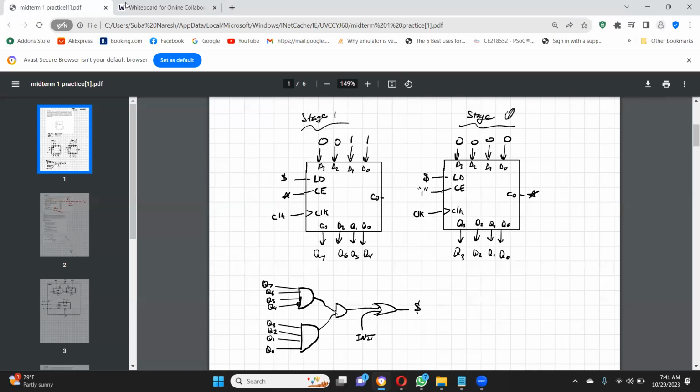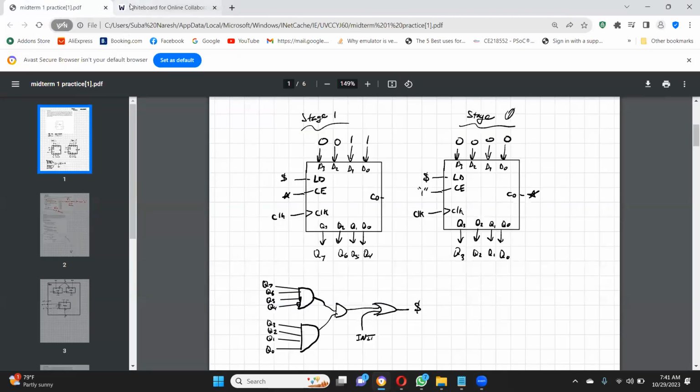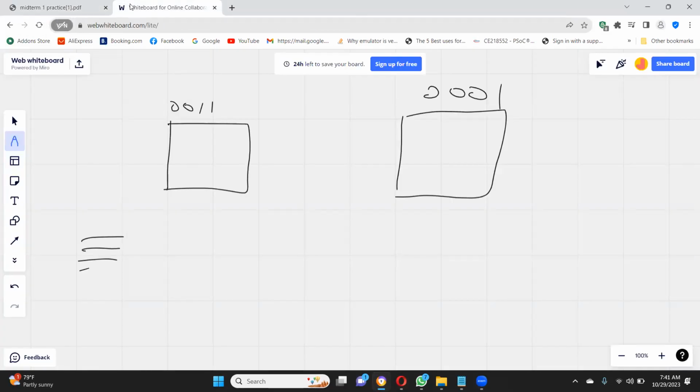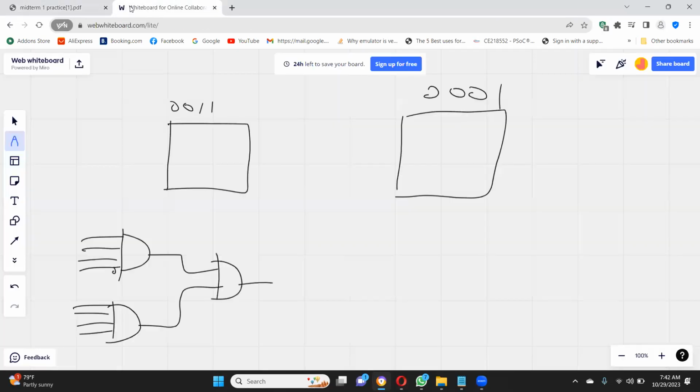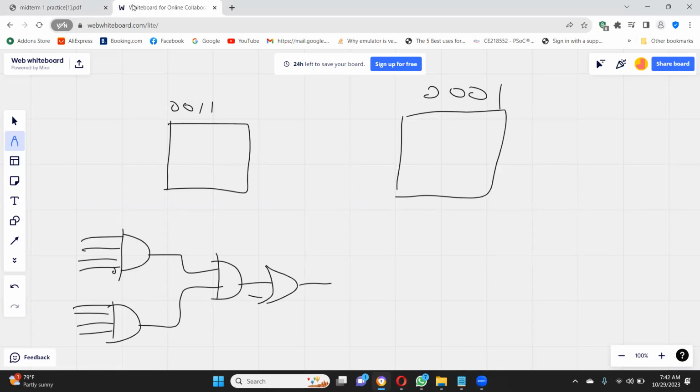Now assume that it is 0, 0, 1, 1, 0, 0, 0, 0, which is actually 48, right?